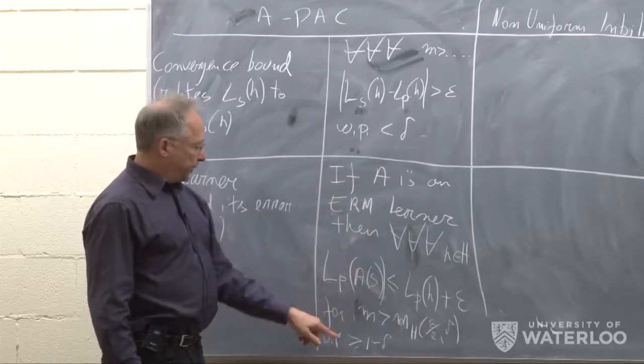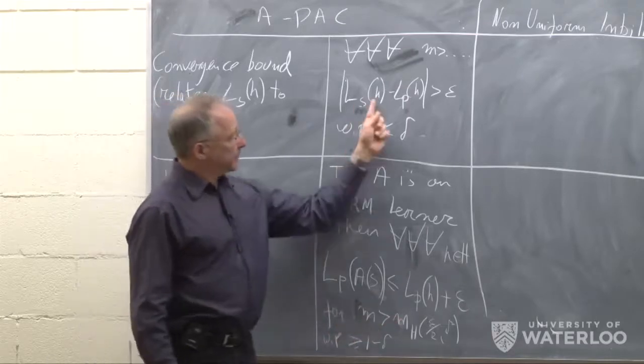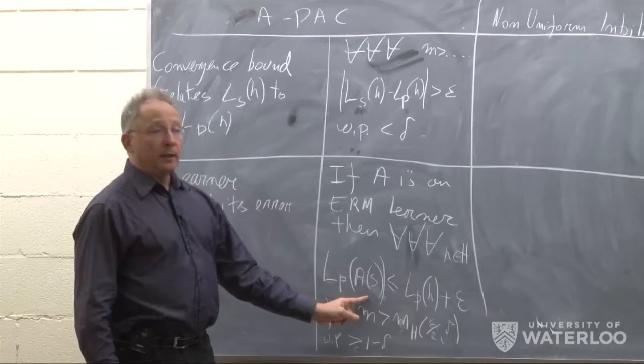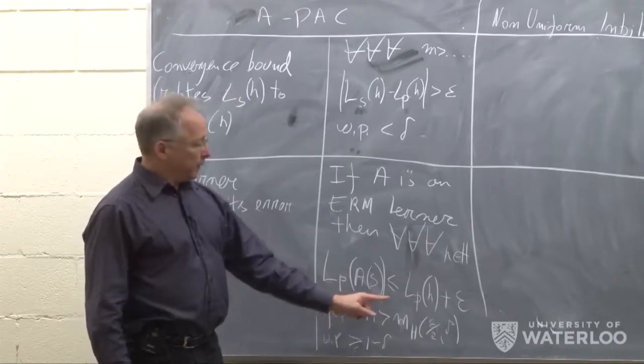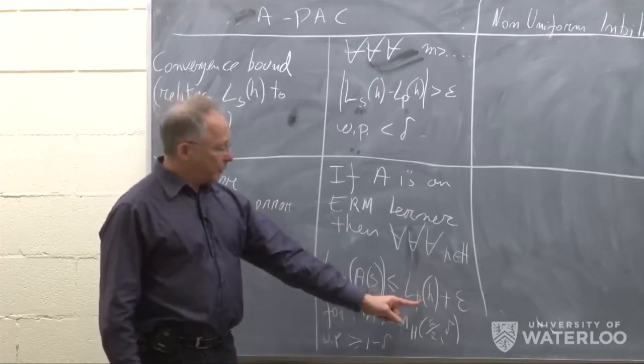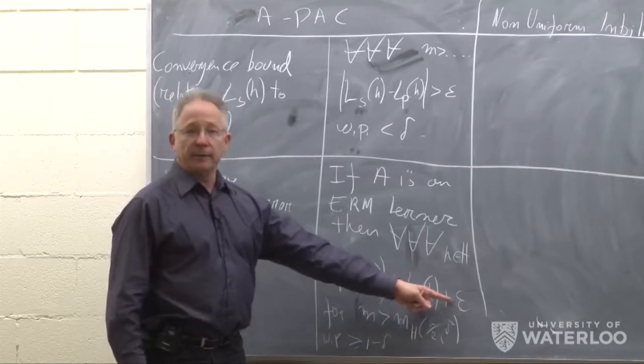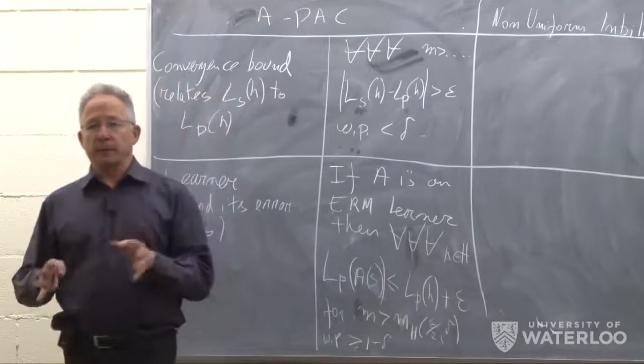If we pick a sample big enough such that this gap is at most epsilon over 2, the error of the ERM learner is bounded by the error of every h in H, or the minimum over all of them, plus epsilon. So we went in two steps.